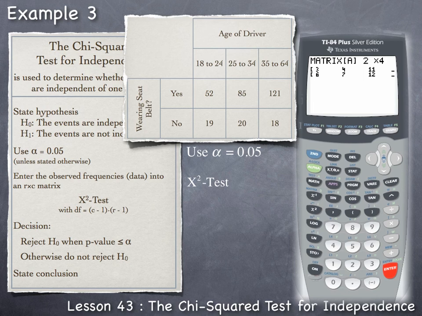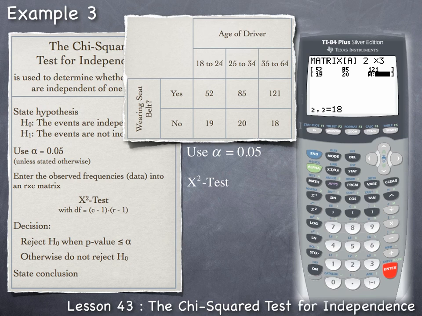This contingency table has 2 rows and 3 columns. So we enter the 2 by 3 matrix. Then we enter the observed frequencies across the first row, 52, 85, 121. And then we enter the observed frequencies on the bottom row, 19, 20, 18.